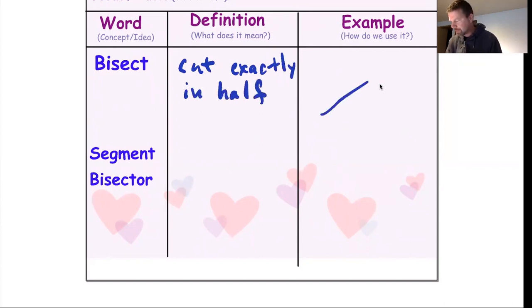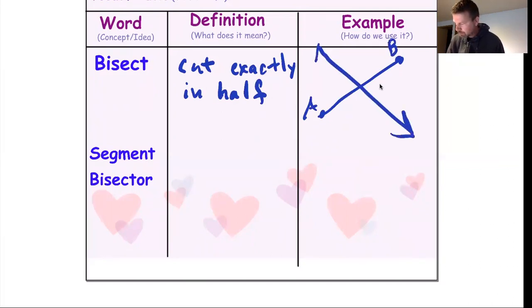So for instance, maybe I've got this segment AB and I want to bisect it with a line, then that line would go exactly right through the midpoint of AB. Again, if you want to show it's exactly halfway, don't forget those tick marks to show that that line is cutting it exactly in half. So if I label this line M, then line M is bisecting segment AB.